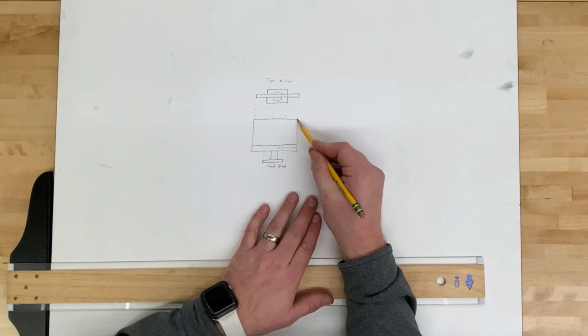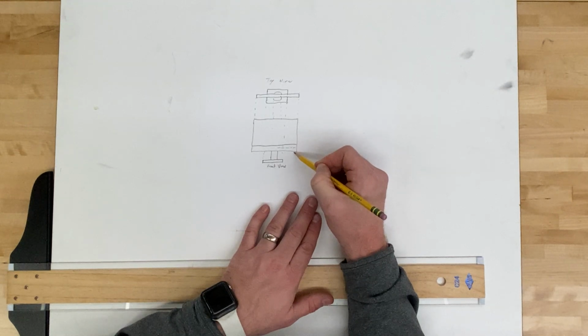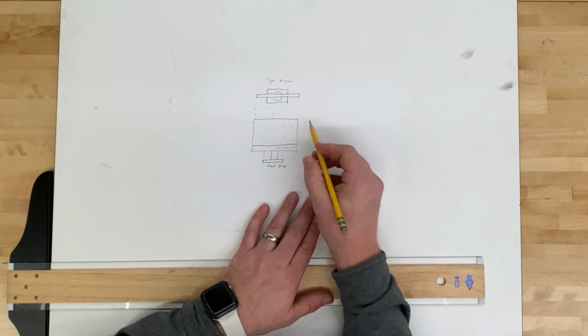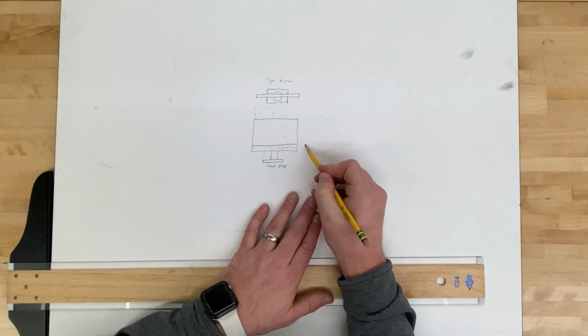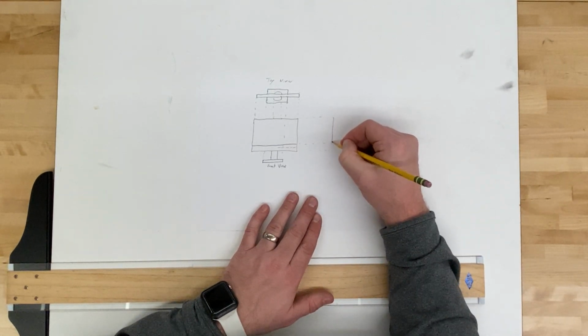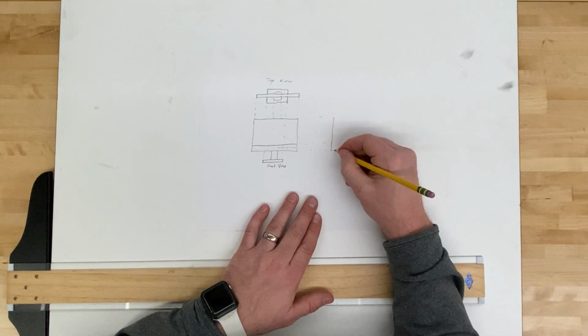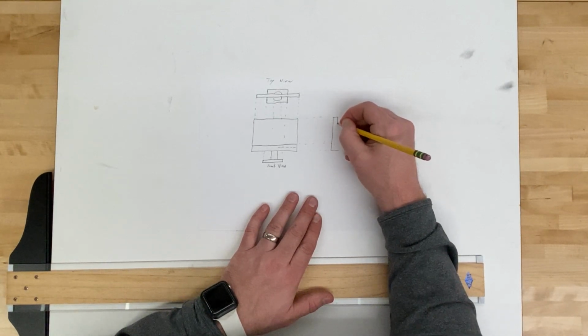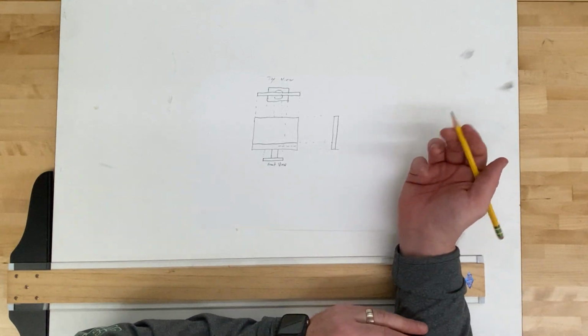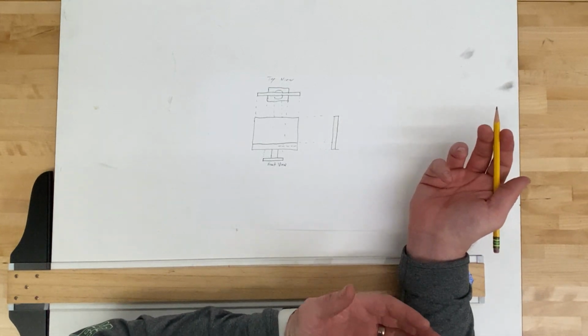The height of the screen from here to here is the exact same on the side view. You'd steal those lines, go across, and then it'd be something like that. Probably a little too thick there. But you get the point. You could steal different dimensions from there. You don't have to redraw everything, but everything needs to line up.